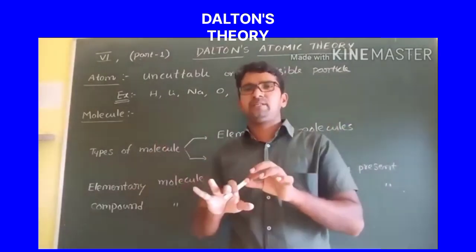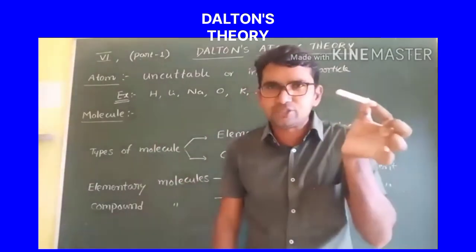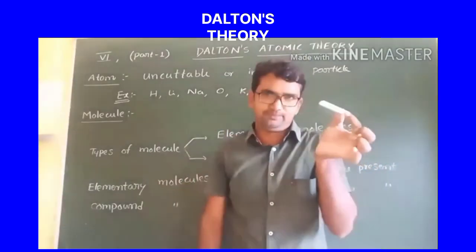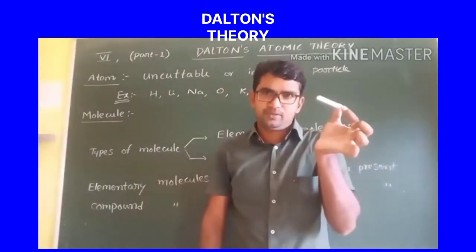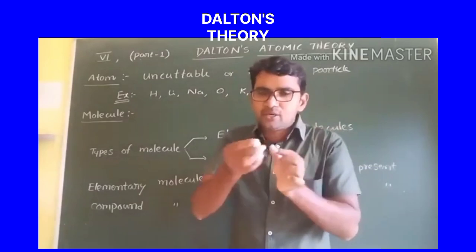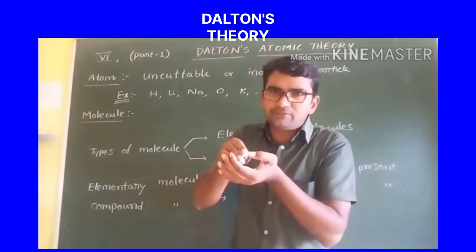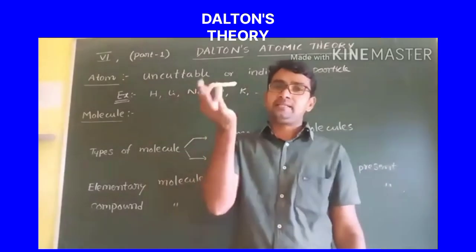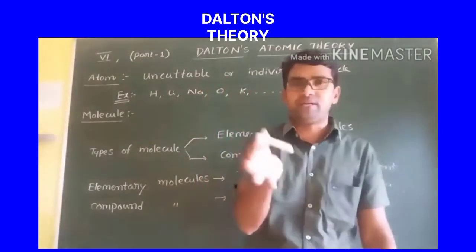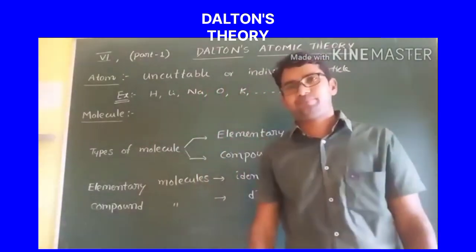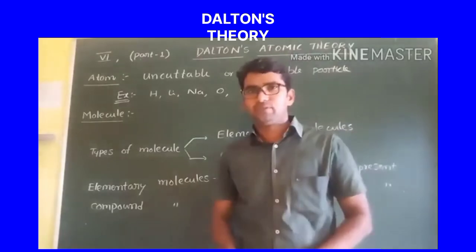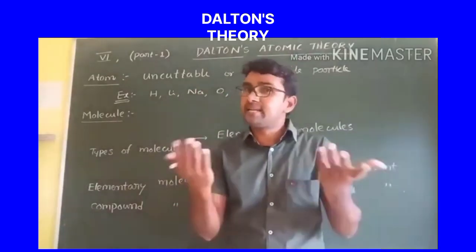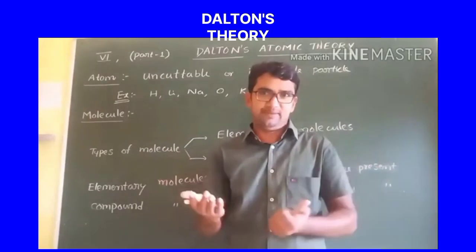Same explanation. For example, this chalk piece is made with one type of atom. So, take the smaller one from this chalk piece, the uncuttable or indivisible one is called an atom. Another example, if you take one iron rod, actually iron is an element.